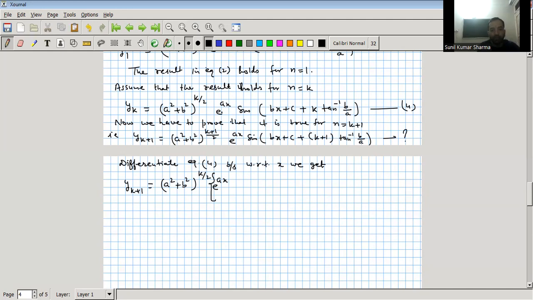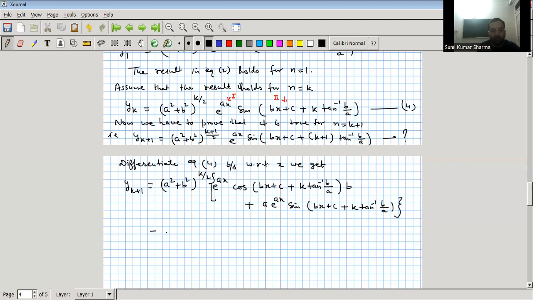First is e to the power ax, and this is our first function, and this is the second function. So we differentiate sine; the derivative of sine is cos bx plus c plus k tan inverse b by a. Again differentiating bx plus c plus k tan inverse b by a, we get b, plus e to the power ax is a e to the power ax into sin bx plus c plus k tan inverse b by a.